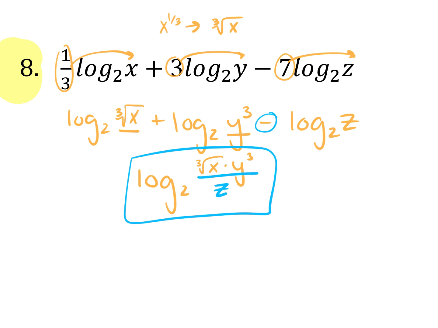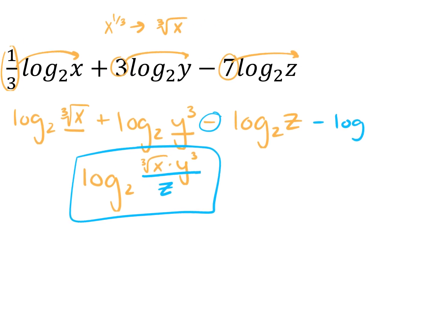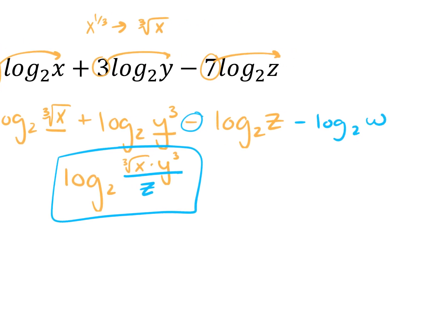If we are subtracting multiple things, so if I had, let's say, minus log base 2 of w, for example, anything that's being subtracted goes on the bottom, so that w would go on the bottom too. So anything being subtracted would be being divided, so it goes under the division. So it goes in the bottom of your fraction.